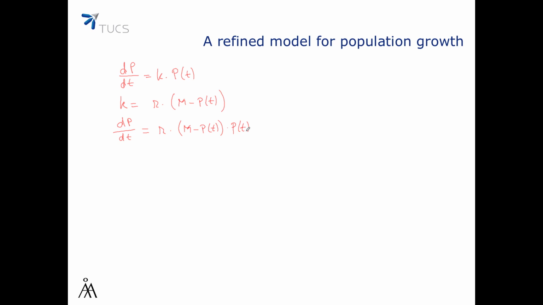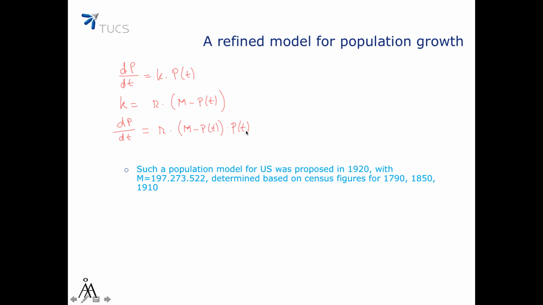As a matter of fact, this version of the model is also historical, having been proposed in 1920 with a predicted maximum level for the US population around 200 million. The figure was determined by looking at the population level starting from 1790. The evolution of the model looks like this.